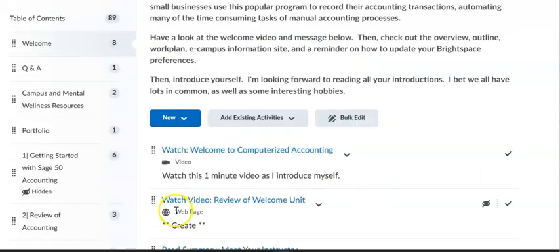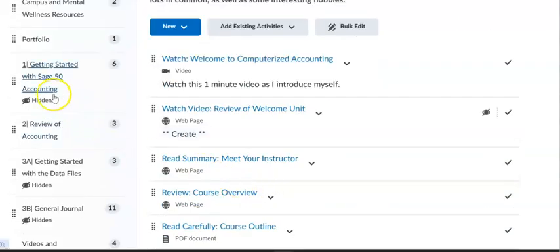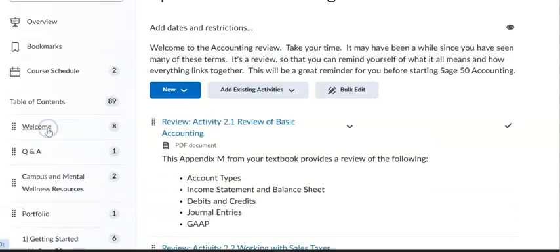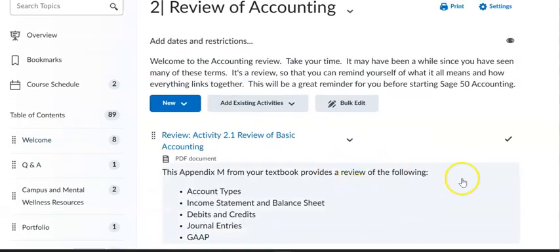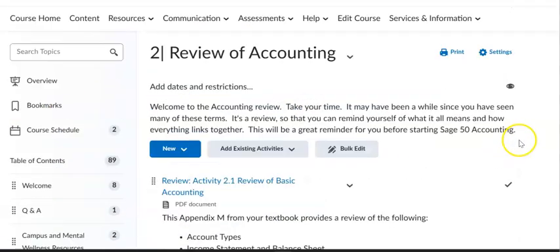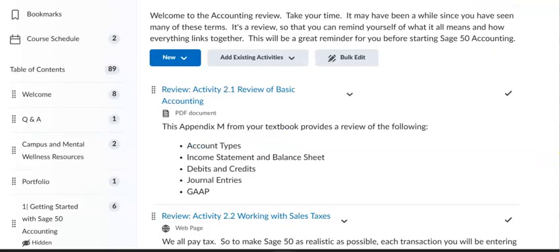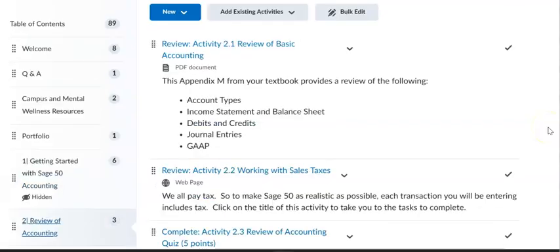Okay, so I haven't released the Getting Started with Sage, which is the downloading of the software. But if you want to get a head start on review of accounting, this will give you a chance to start this module if you want to jump in.